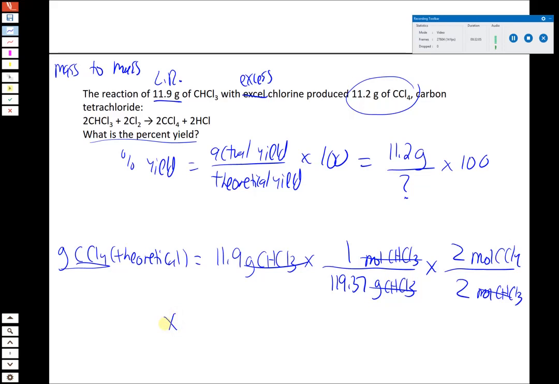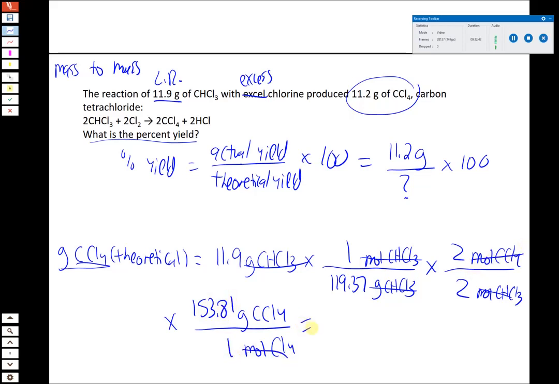Then we have to use the molar mass of CCl4, which is, sorry, let me get that number, 153.81. So again, we're going to use molar mass to convert back into grams, which is our final number. So we want moles of CCl4 in the denominator, grams in the numerator, so that means we're going to multiply by the molar mass of carbon tetrachloride, which is 153.81 grams per mole.